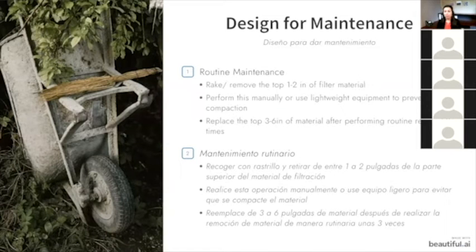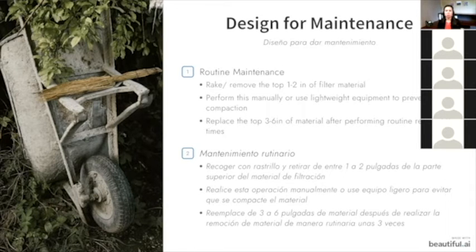When you're designing your rain garden, really be sure to design for maintenance. You want to have a rain garden that's easy to maintain. If it's not easy to maintain, it won't be maintained properly. And then that's how we get bad examples of rain gardens or these systems failing. And so if you have a very large rain garden, like the example I showed you at the mall, you need to have a way to get into that rain garden.